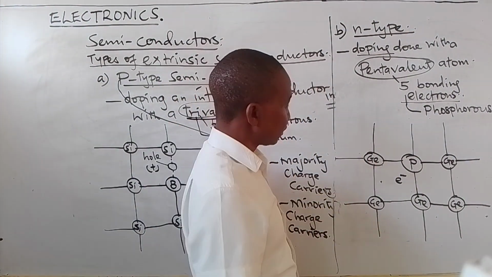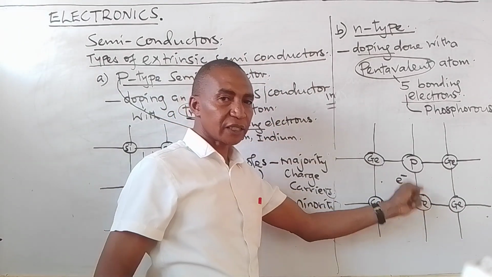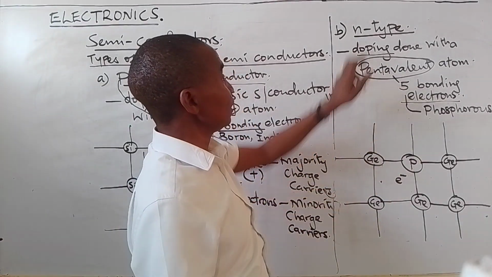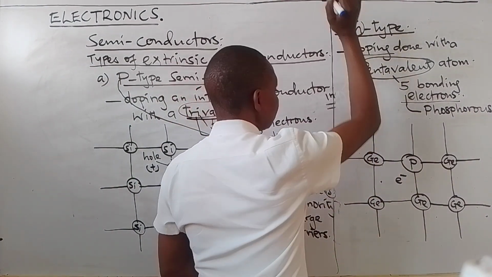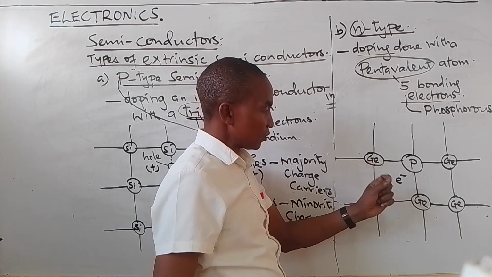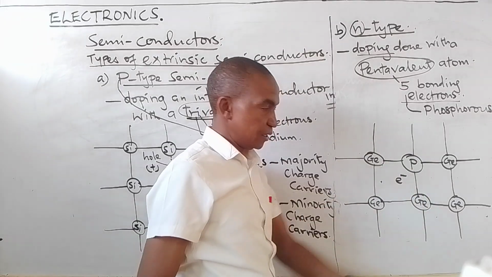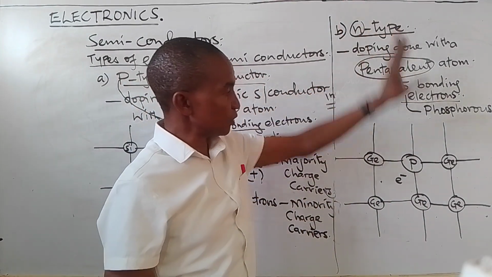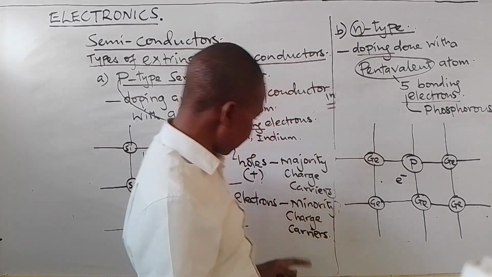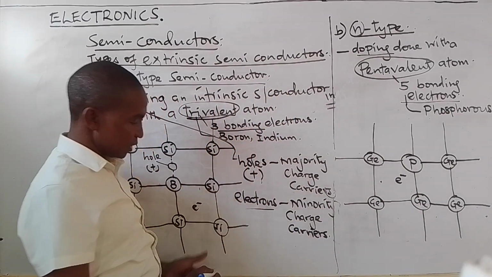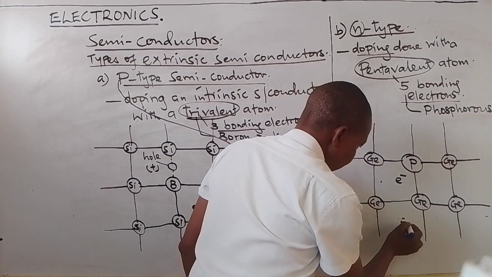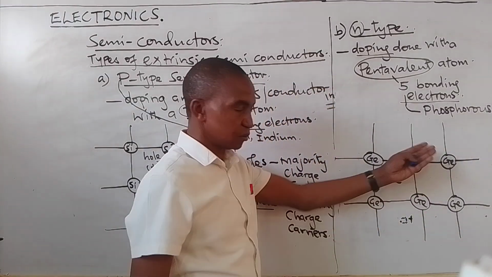So electrons will now be the majority charge carriers. Electrons are negatively charged, so that's where the N comes from. Negatively charged electrons are the majority charge carriers in an N-type semiconductor. Then we have thermally generated holes, just like we had thermally generated electrons in the P-type. You can have a hole here, 1 or 2, somewhere.